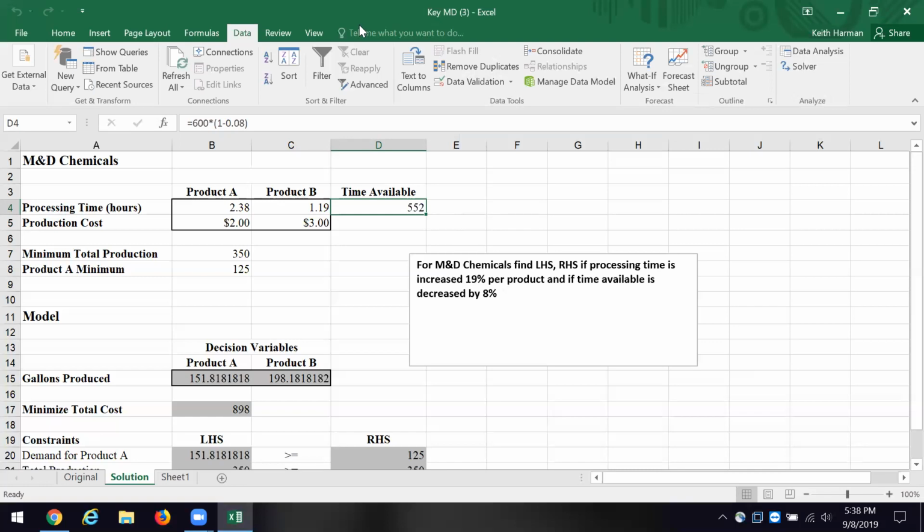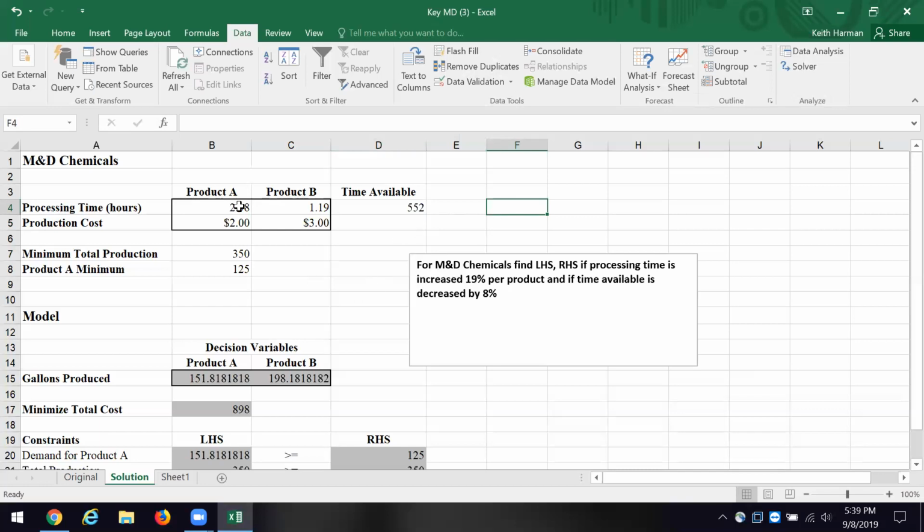Notice right here, I had 600 hours originally, and I've reduced this by 8%. I could have done 600 times 0.92, and I'd get the same thing as 600 times 1 minus 0.08. Doesn't matter. It's still the same. It's 552 hours.